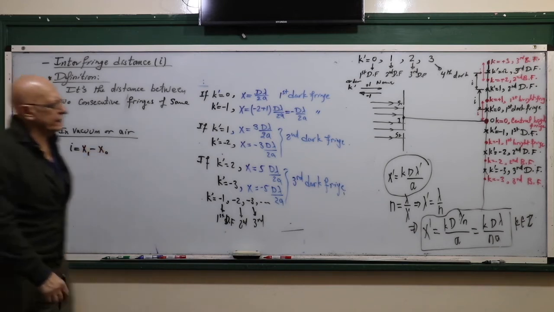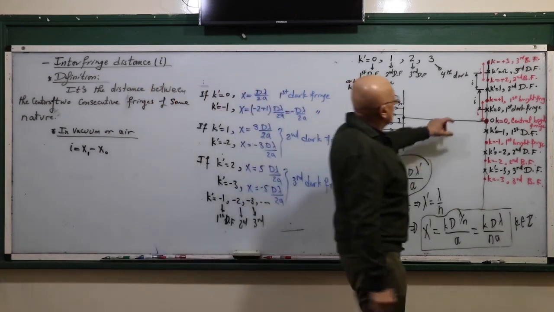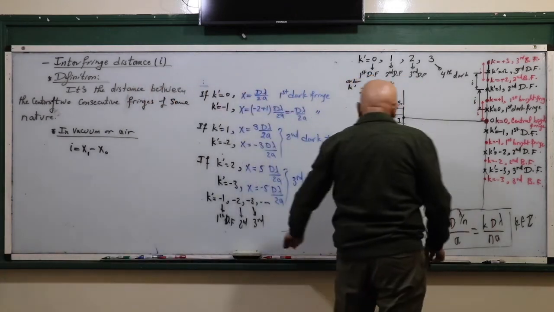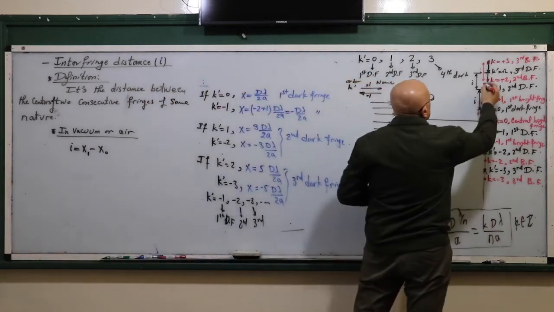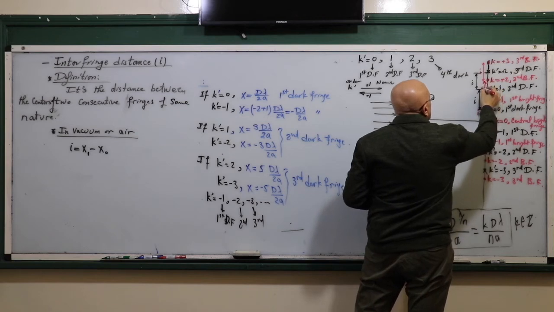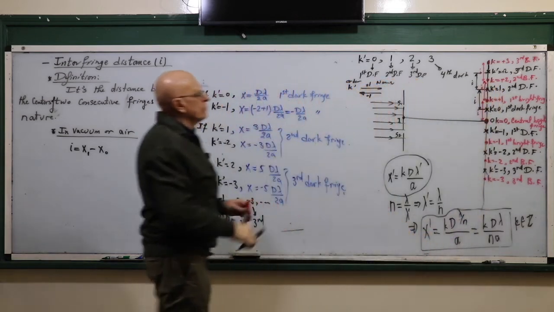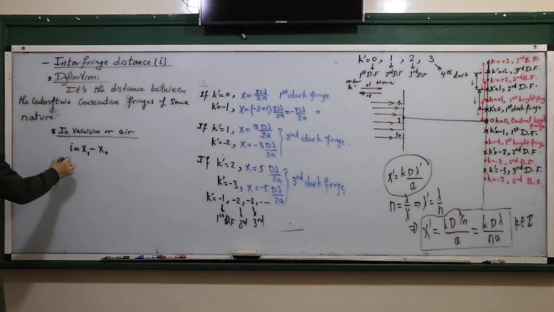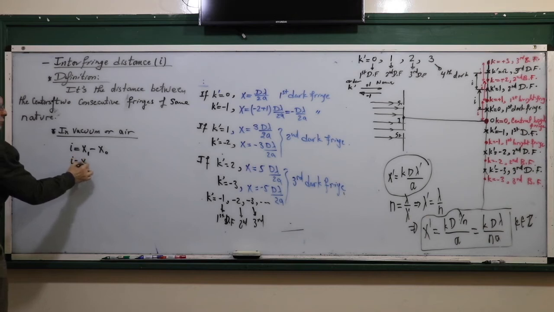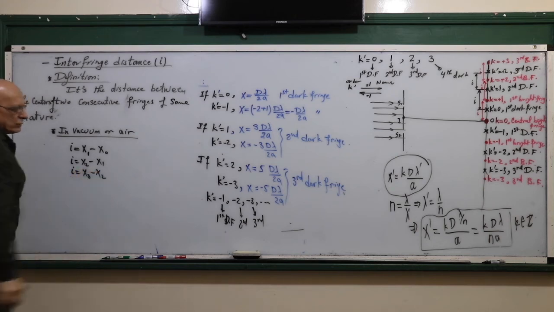This is I. The second I here is x2 minus x1. I equals x2 minus x1. If I take the third, I equals x3 minus x2.